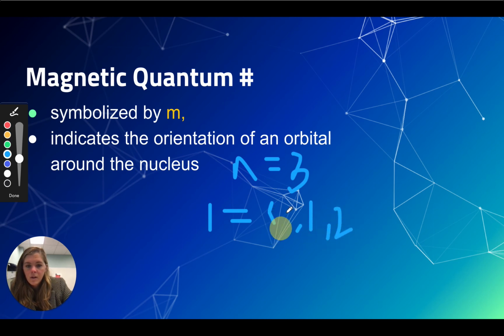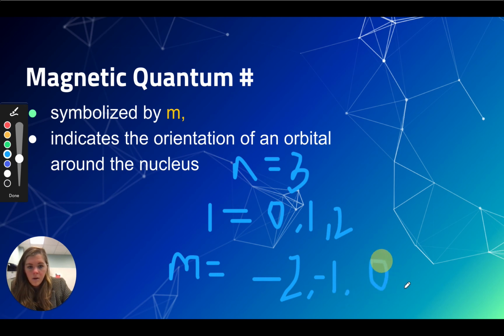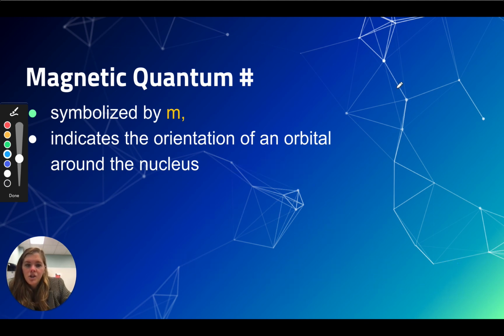And that means our m can be equal to negative 2, negative 1, 0, 1, or 2. These are basically just showing if an orbital is going to be upright, if it's going to be on the z-axis, if it's going to be on the x-axis, and what orientation it's going to be.